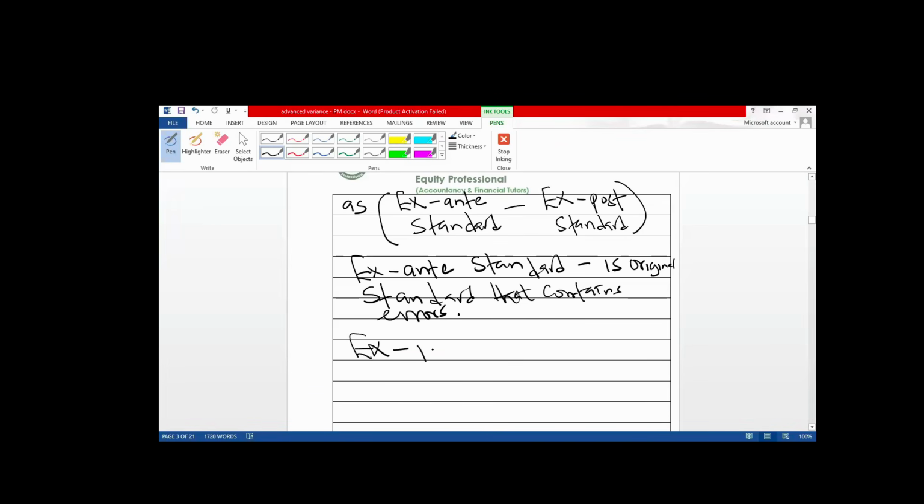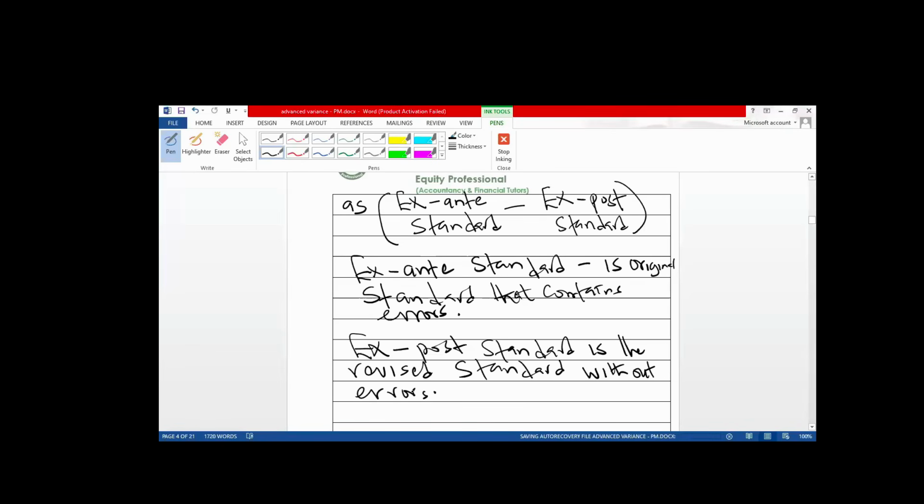X post standard is the revised standard without errors.